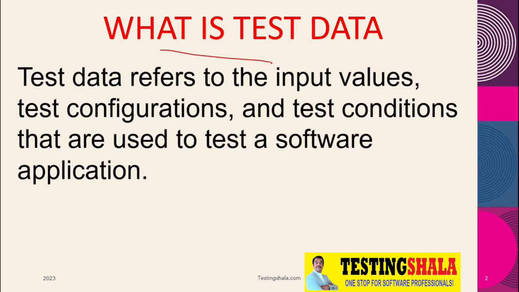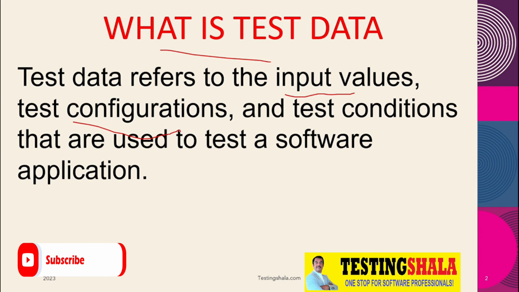Test data is nothing but an input value which we provide to test the application. That is the first thing. The second thing is the test configuration as well, because whenever we are testing the application, we will be going with different configurations.